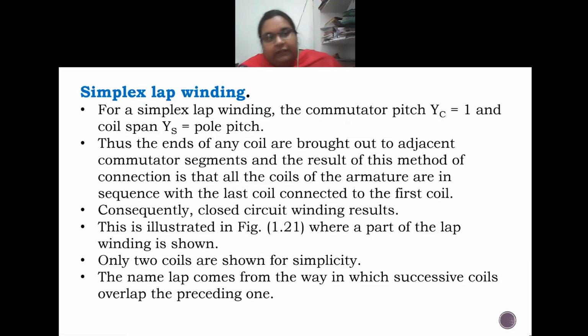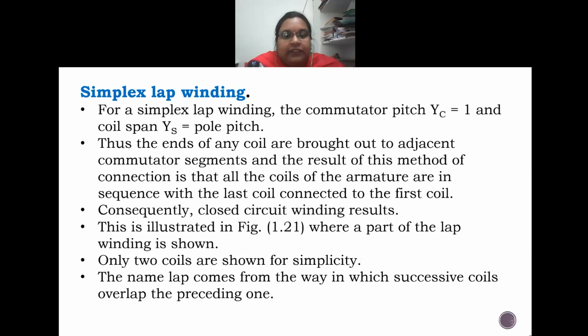Simplex lap winding: for a simplex lap winding, the commutator pitch YC should be equal to 1 and the coil span YS should be equal to pole pitch. These are the conditions for simplex lap winding.